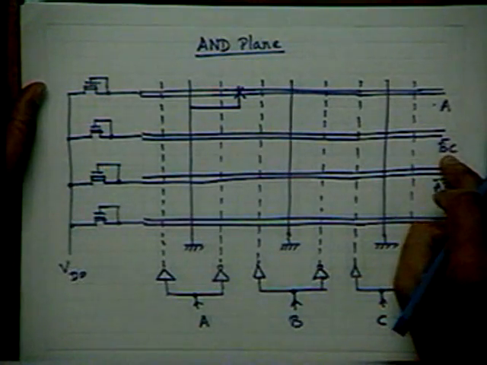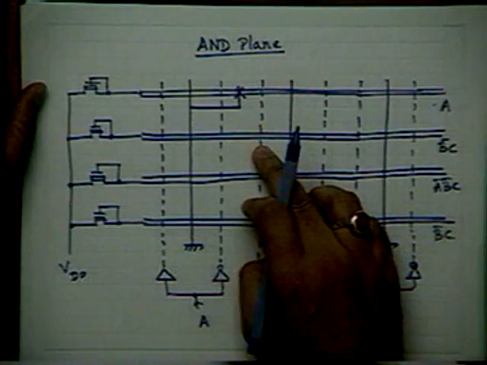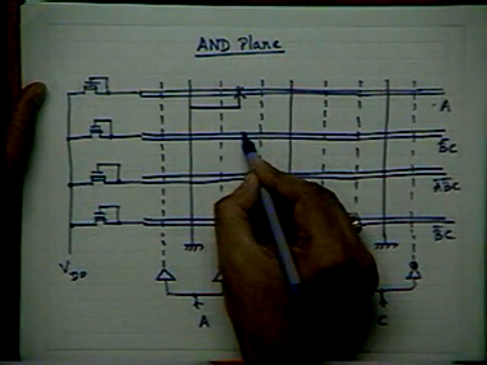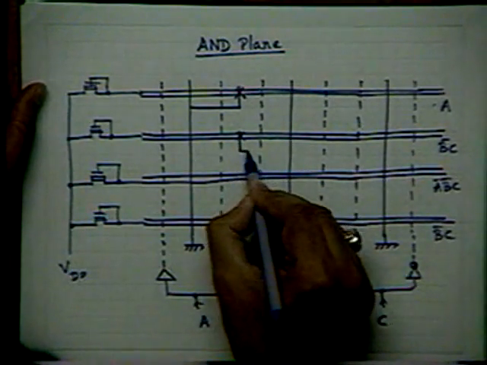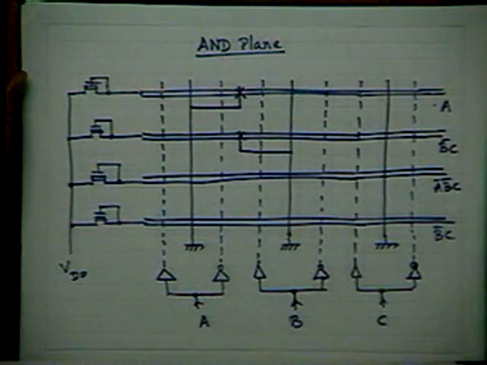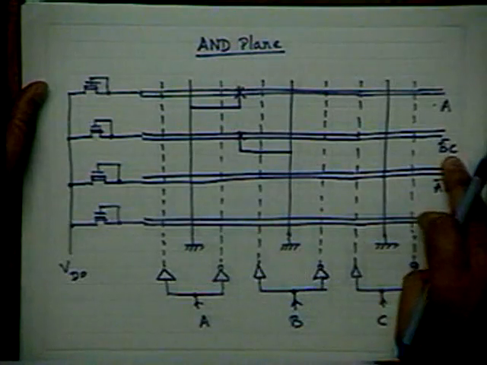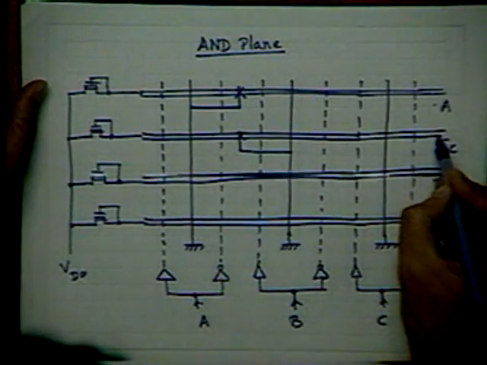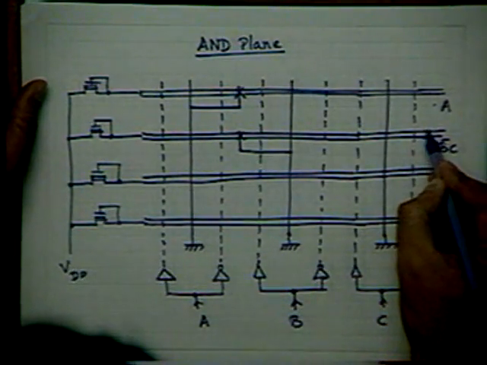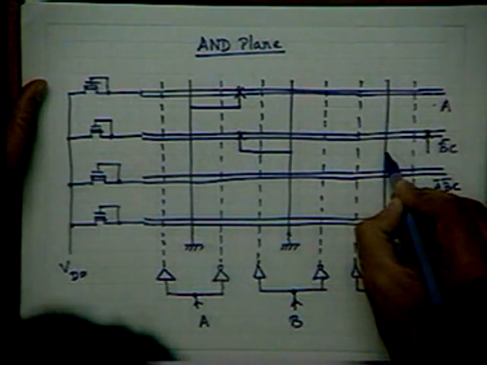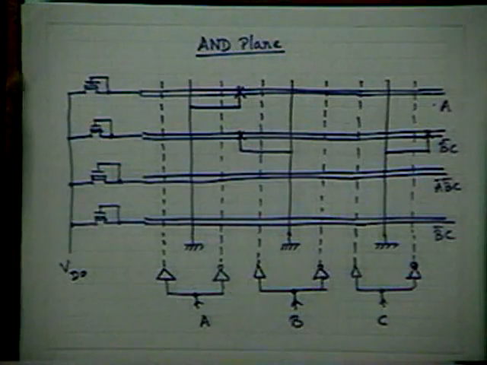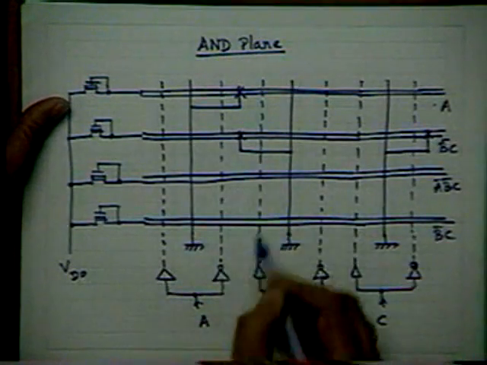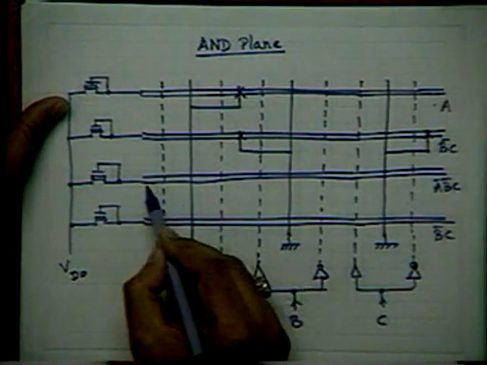To produce B bar C, what do I have to do? I can take this one and this one, and B bar C. If it is C bar, simply I have to do this. A bar, B bar, C. A bar means this one, A. So I have to do the following.